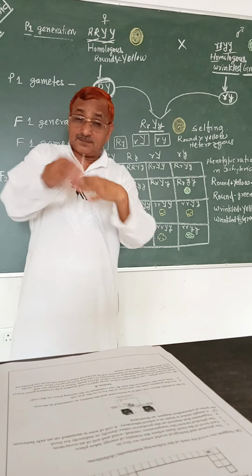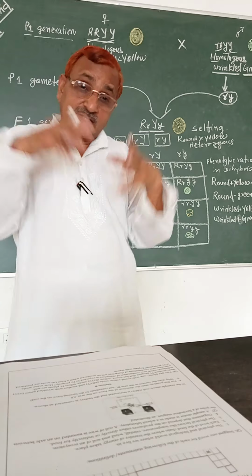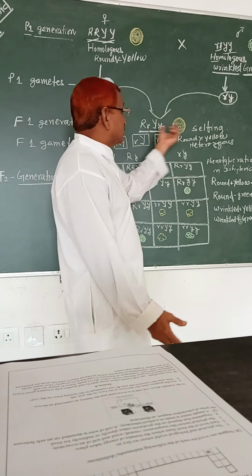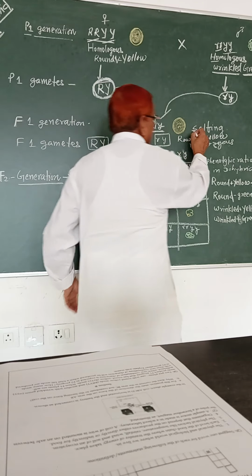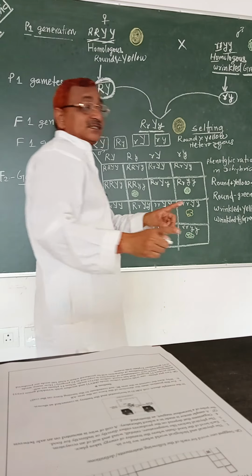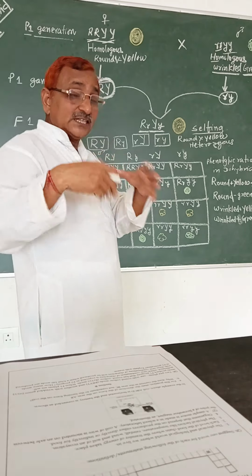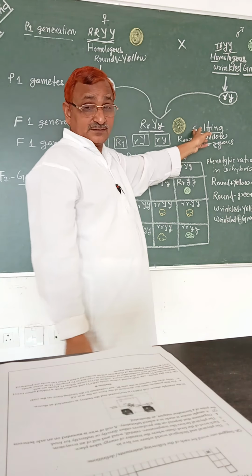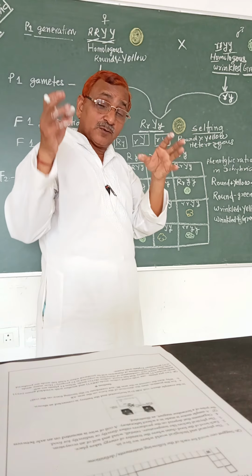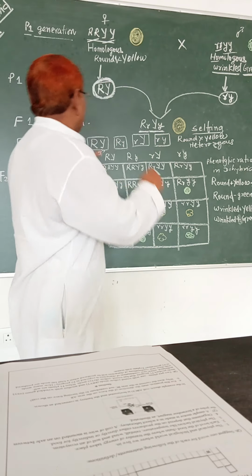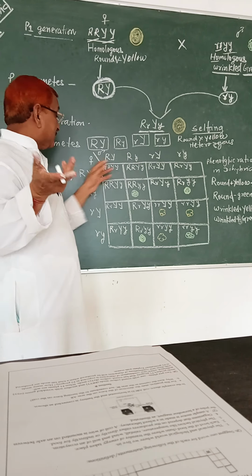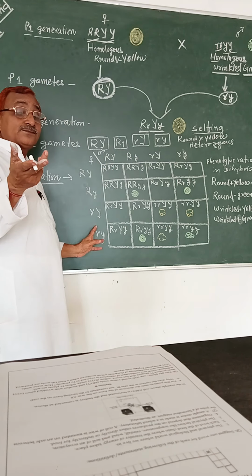When they are selfing, what does it mean? We take the pollen grain from the same plant and the ovum from the same plant. So again, selfing here. If you write selfing, it means you are doing self-pollination, not cross-pollination. This is a cross-pollination, and this is a selfing. Selfing means taking the pollen grains of the same plant. So again, pollen grains may be of 4 types, ovum may be of 4 types.